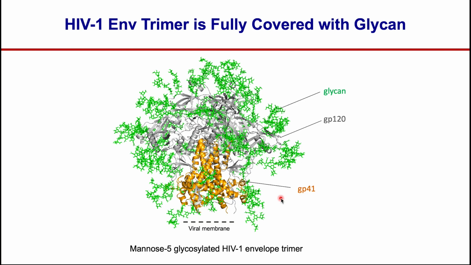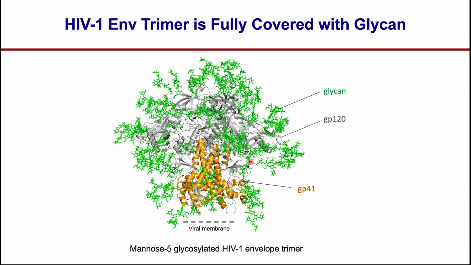In Vaccine Research Center, our lab's main focus is on HIV/AIDS virus vaccine design. This is the structure of the HIV-1 envelope trimer. This trimer has GP120, colored in gray here, and the bottom part is GP41, colored in yellow.